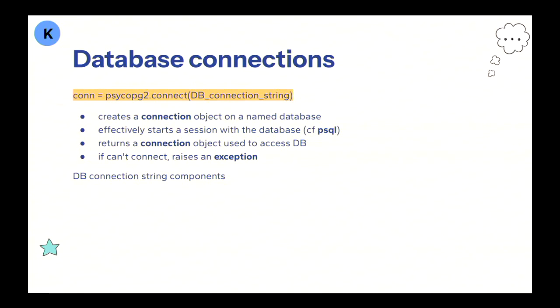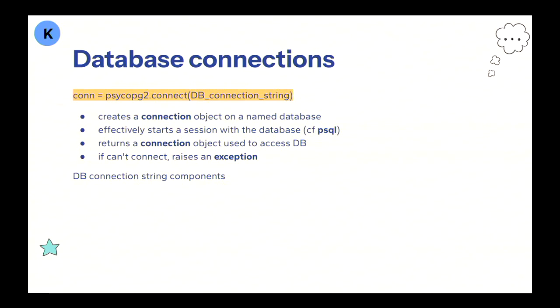This function will return a connection object to you, and this connection object holds a session of interacting with the database. If we can't connect, it will raise an exception.